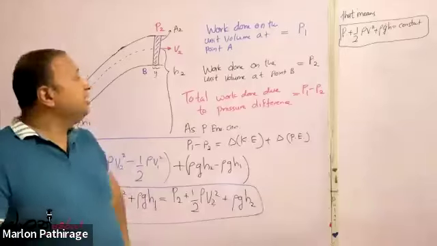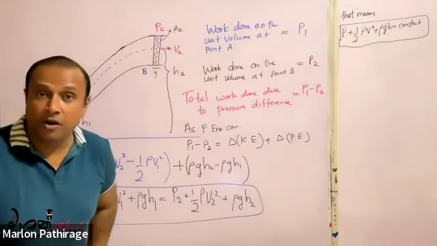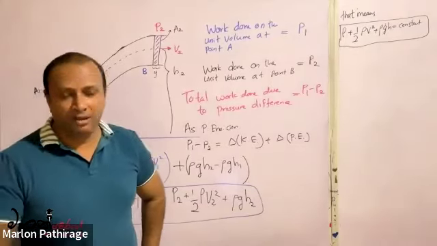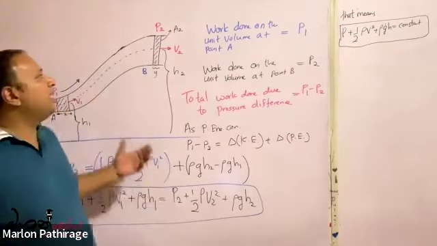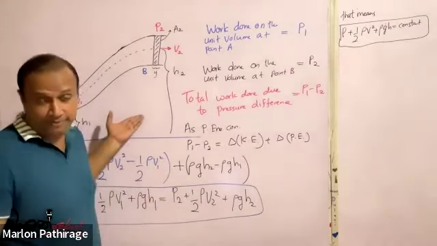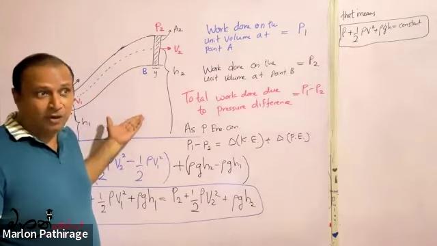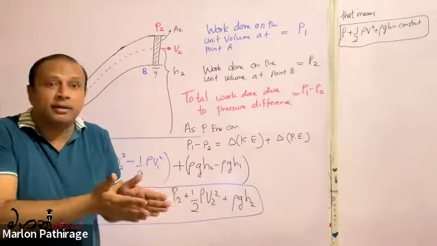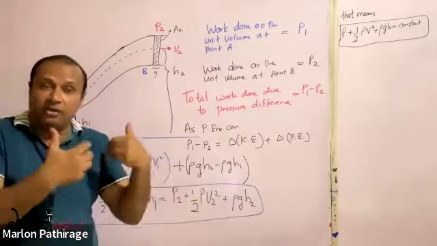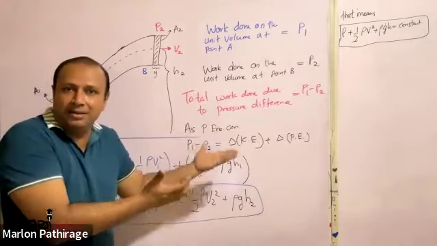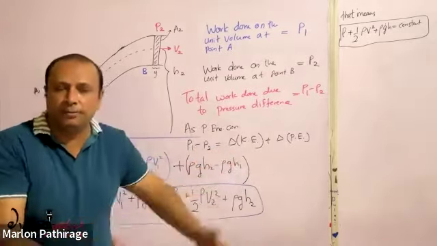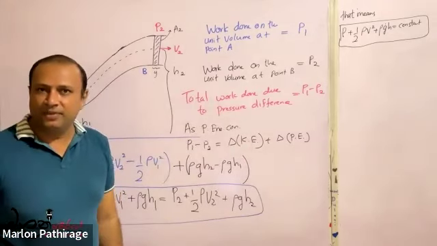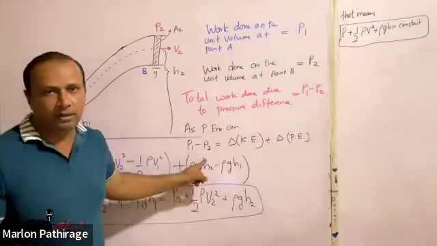Yes, sir. So therefore, this is not valid for viscous fluid. This is valid only for non-viscous fluid. Because if there's a viscous fluid, then definitely there should be energy to do work against friction. Therefore, in such cases, this equation is not valid.